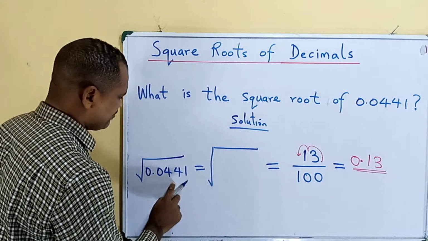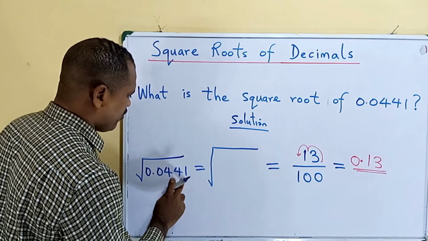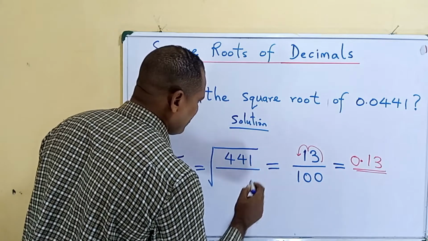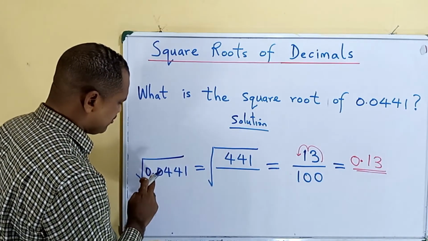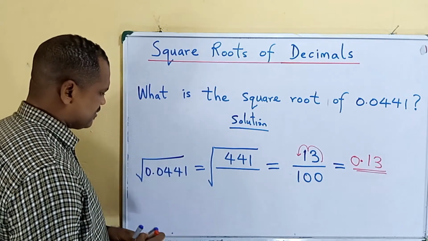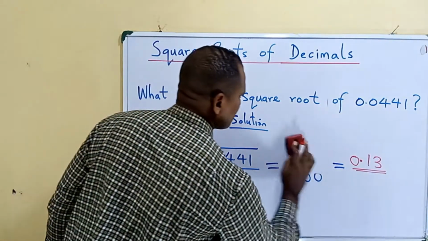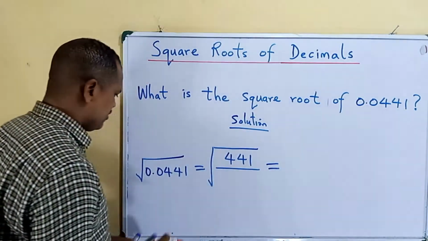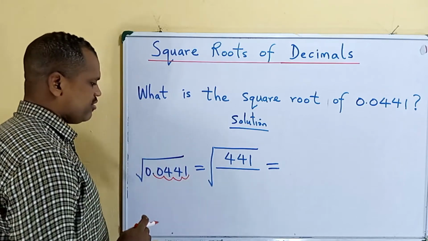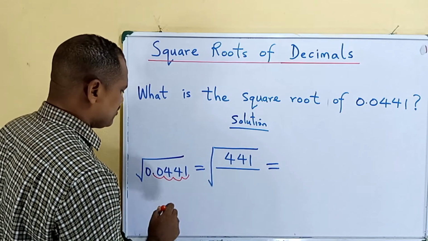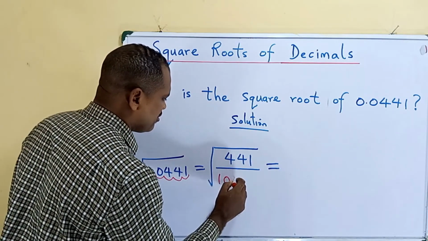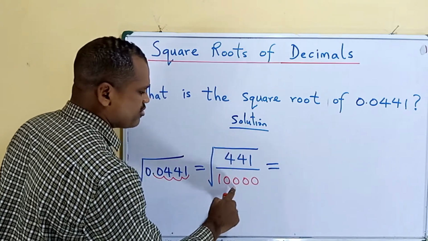The same step, that's your 441. 441 over what? Because it jumped 4 digits, 1, 2, 3, 4, to give you 441. So here will be 1 and 4 zeros.